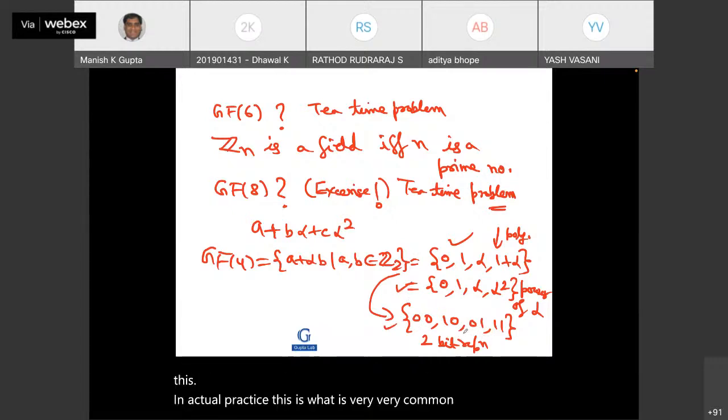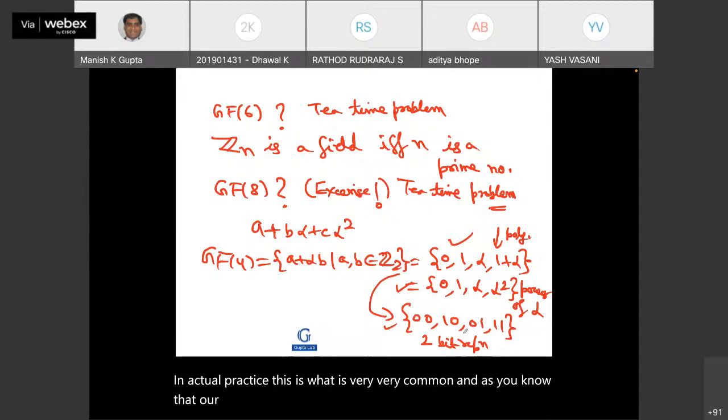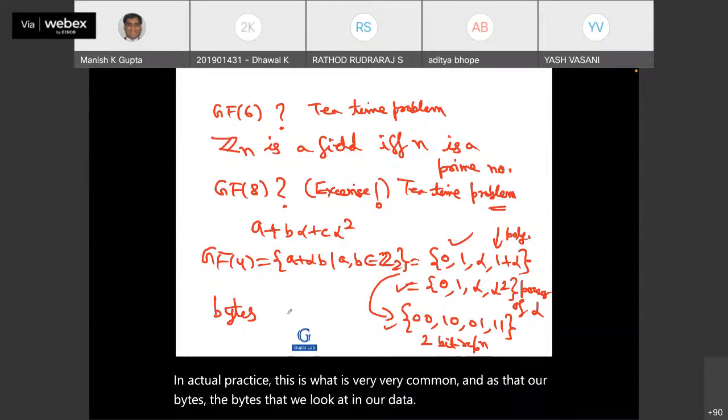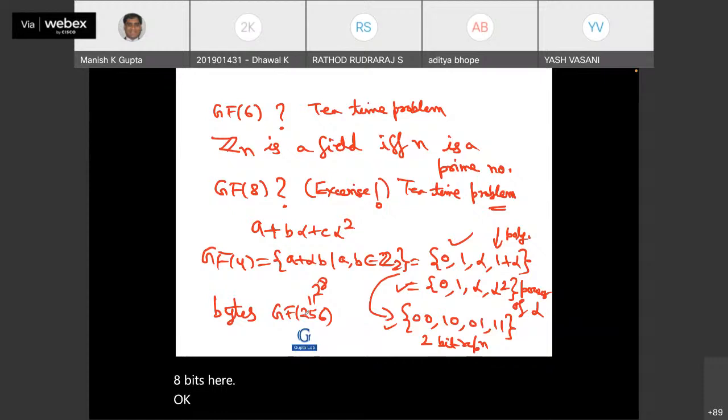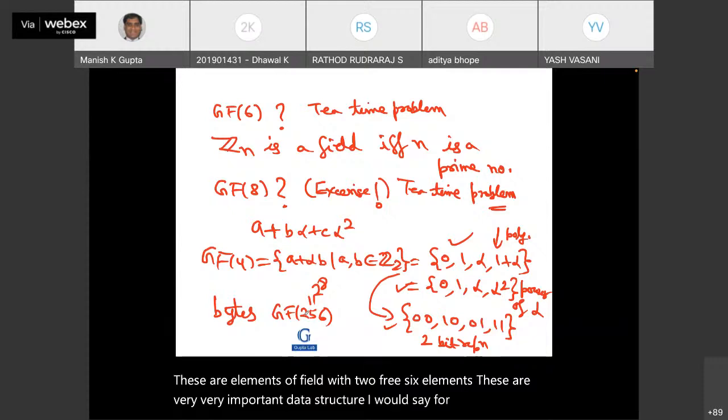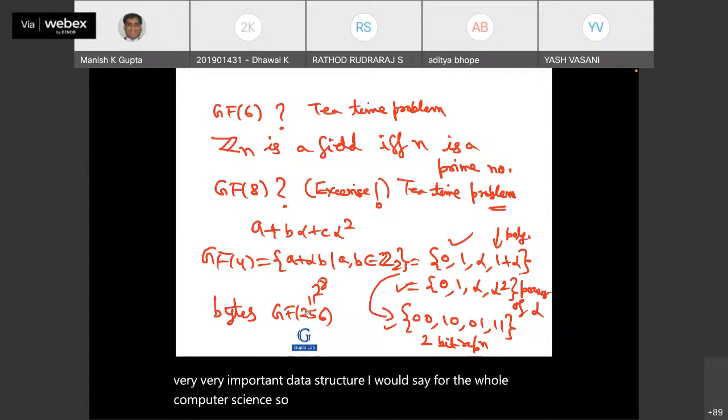As you know, the bytes that we look at in our data are nothing but members of a field with 256 elements, 2 raised to the power 8. These are very important data structures for the whole of computer science. They all lie in a finite field. That's why we can do all kinds of operations.